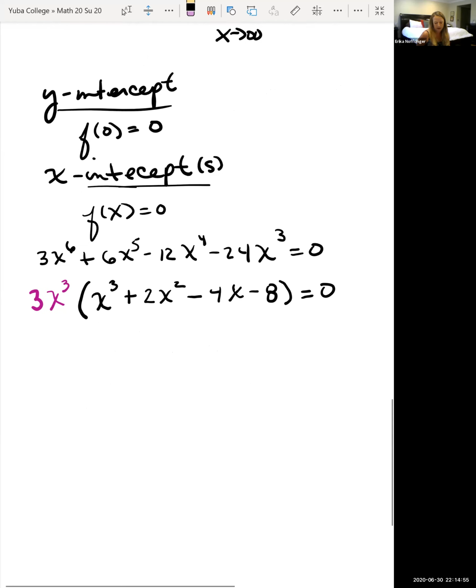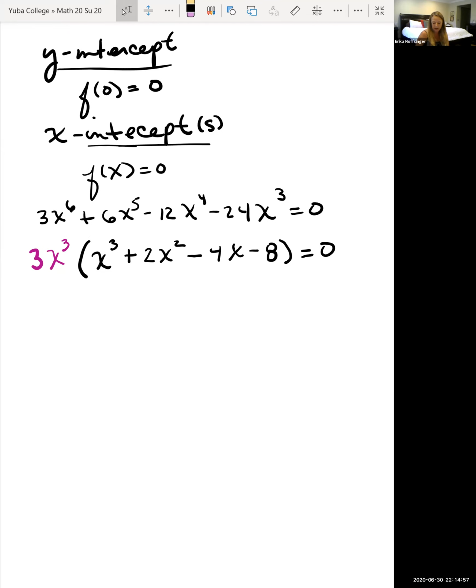Okay, so we want to factor this further. Right now, we just have the tools that we've looked at in the past. We're going to look at other tools later in this chapter, which you probably haven't seen before. But right now we're using the tools from previous courses. The number of terms helps you determine how you're going to factor.